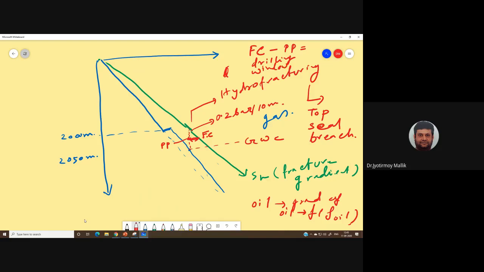Now, how to calculate that? So first thing that we have to do, we have to calculate the pressure at GWC. So pressure at GWC is equal to, so I have to go up to this depth where my overpressure starts.